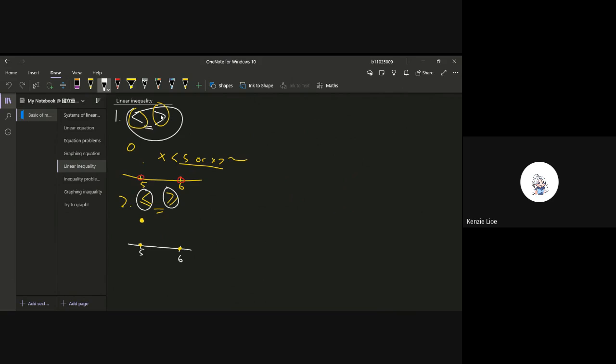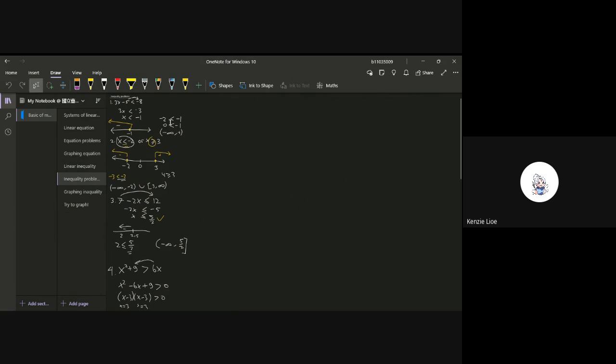If the problem gives you the symbol like this, with no equal to, the graph will be like this. And if the equation has the symbol with equal to, it will be like this. The point will be a full circle. This is the circle, and the inner part is empty.